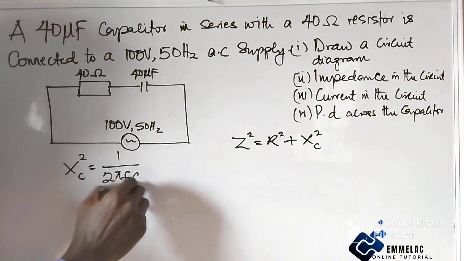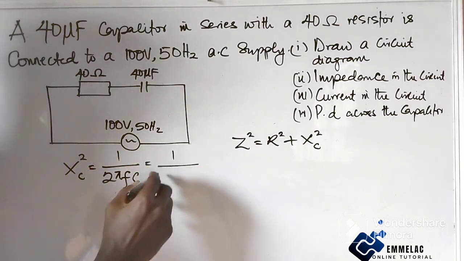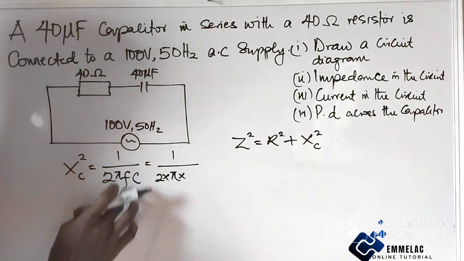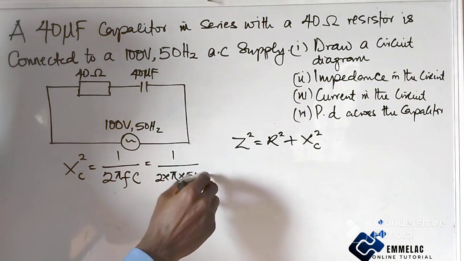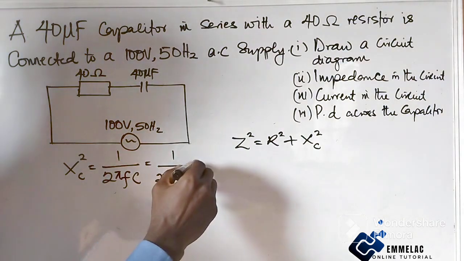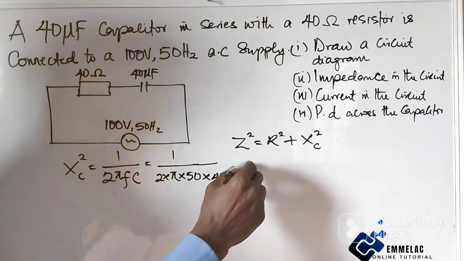1 over 2 pi f times the capacitance. So here we have 1 over 2 times pi times our frequency, which is 50, then times the capacitor, a 40 times 10 to the power minus 6.